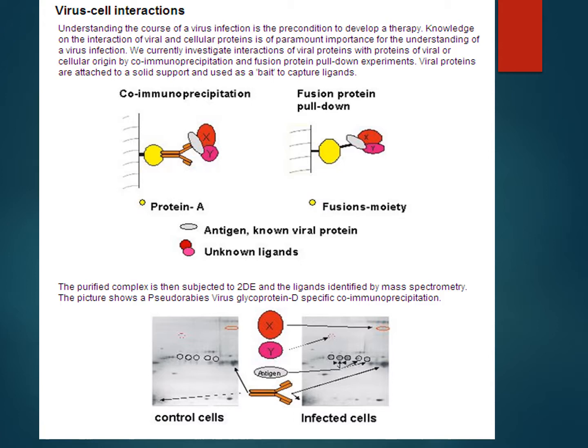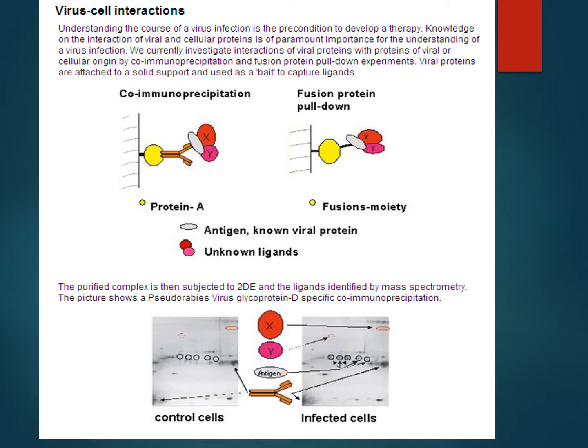And this is a cartoon where they did a co-immunoprecipitation with an antibody to this little clear protein here. That's a viral protein, a gray protein, and it has X and Y from humans. And we were able to pull down those proteins.